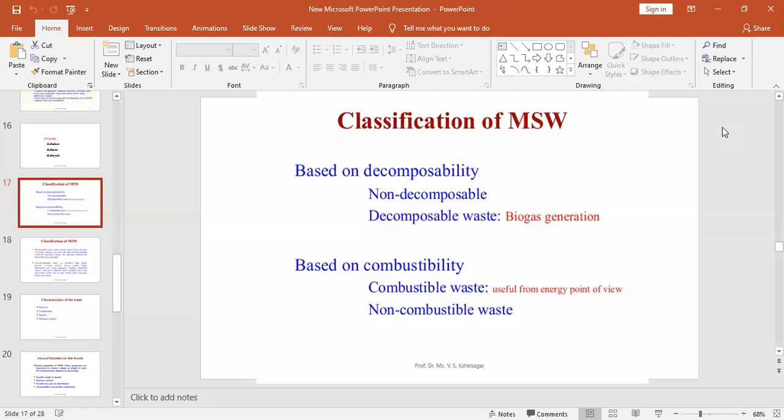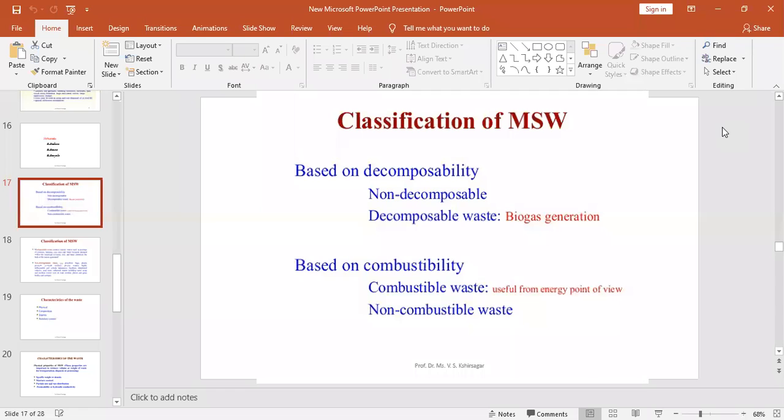Natural method in the sense, if you keep food aside, after some time it will naturally start degrading and convert into manure. That is a different thing, that it is also emitting air pollutants into the atmosphere, is it?